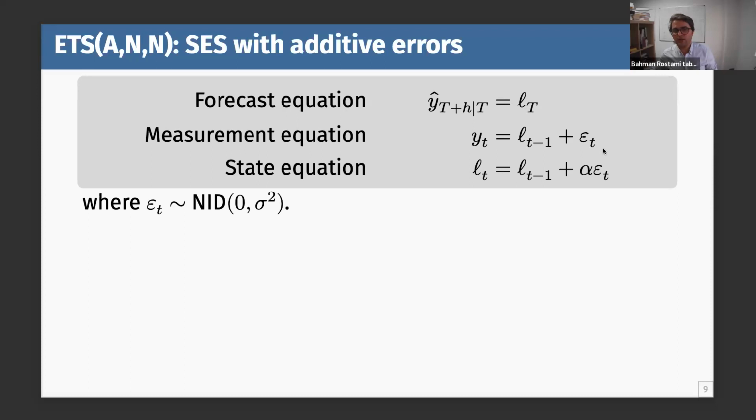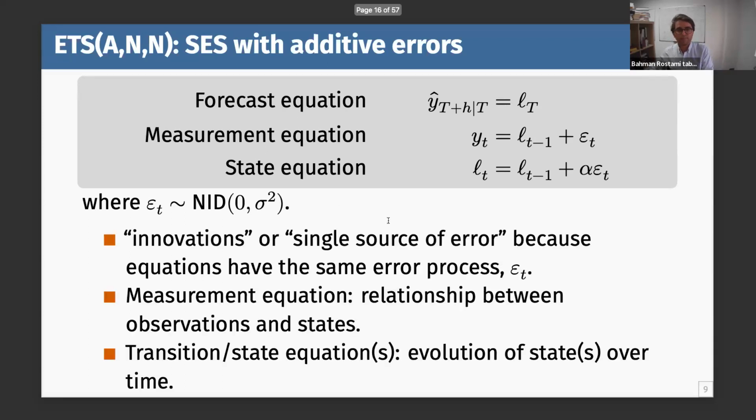And then we have an epsilon t, which follows a normal distribution with a mean of 0 and a variance of sigma square. So these are innovations, or a single source of error, because as you can see, both the measurement equation and the state equation use the same epsilon here.